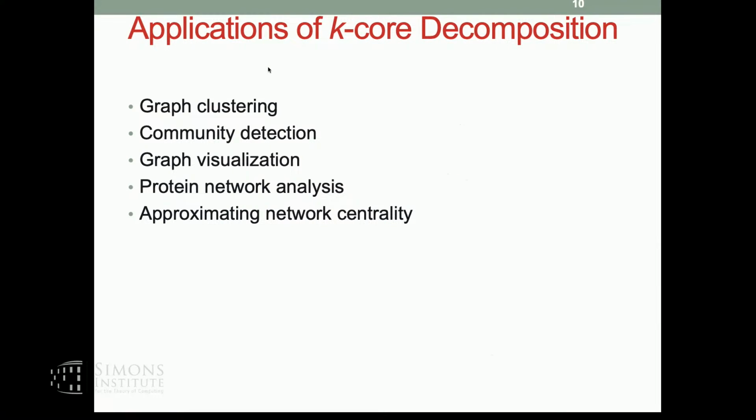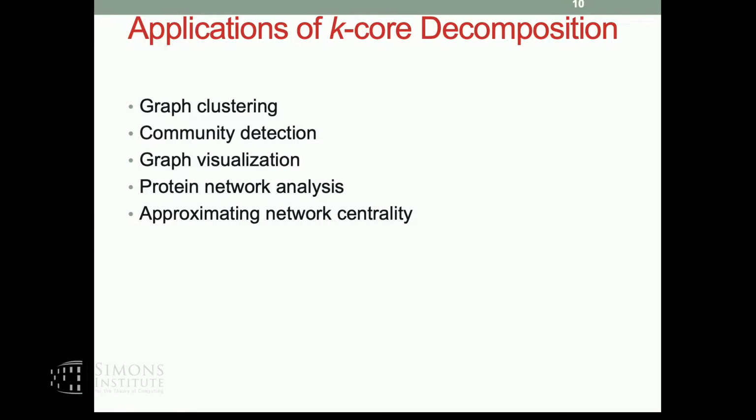Okay, good. So I'll just briefly mention some of the applications of k-core decomposition. For these applications, they're actually using k-core approximately anyway, so it's reasonable to plug in an approximate k-core algorithm. Graph clustering and community detection: some of them use coreness values. Graph visualization is a pretty intuitive example.